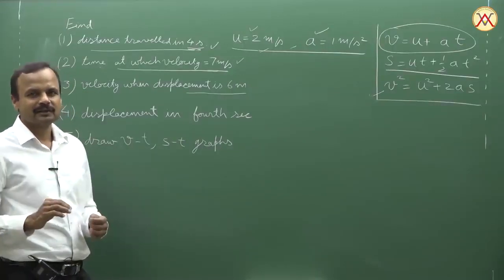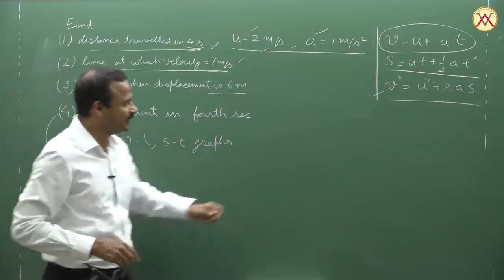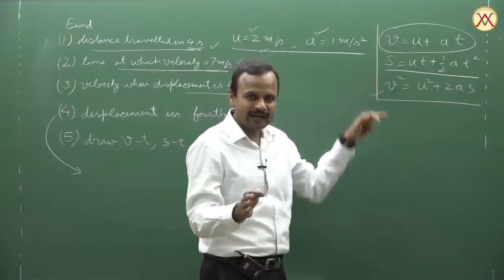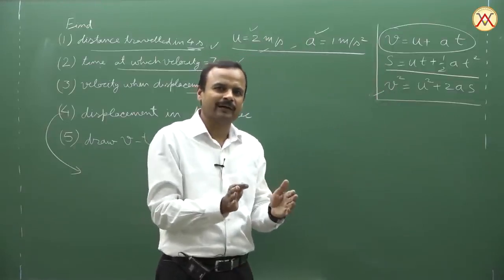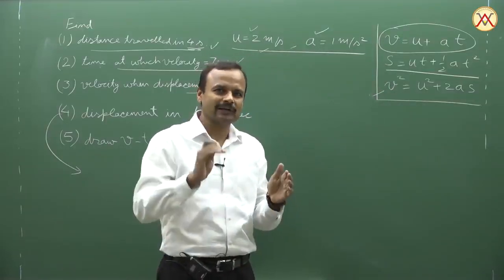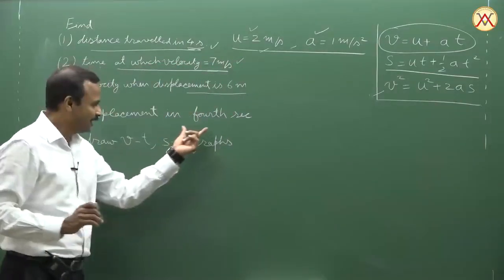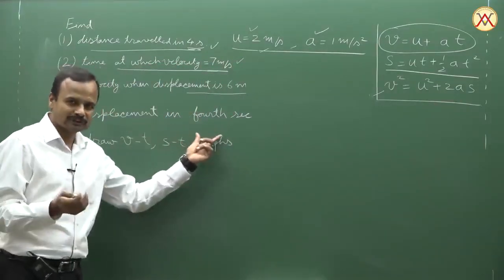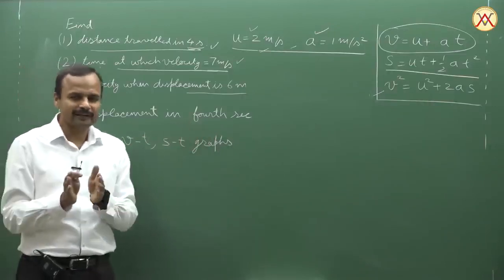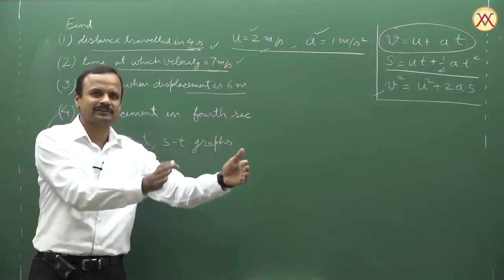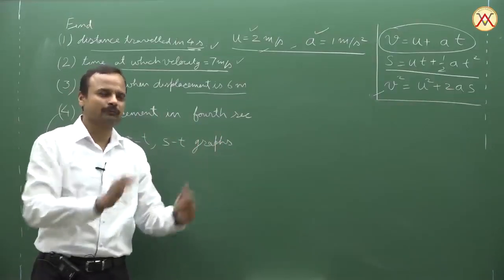What we can do is, we can find the displacement using this equation in n seconds, and we can subtract the displacement of n minus 1 seconds. That will give us the displacement in the nth second. For example, if we have to find displacement for the 4th second, we can find the total displacement of 4 seconds and subtract the displacement of 3 seconds. That will give us the displacement of the particle in the 4th second.